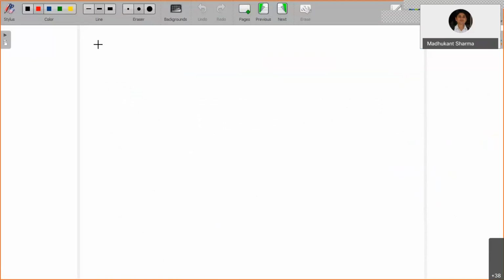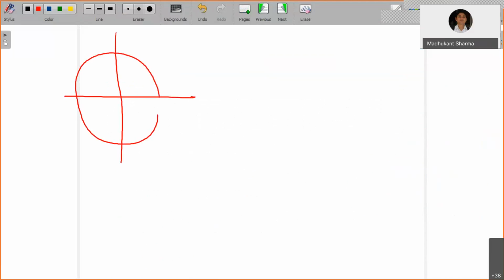If you draw the graph, you have this circle. At any point (x, y) on this circle, if you draw the line passing through the origin and look at the angle between the tangent at this point and this line, it is going to be 90 degrees.